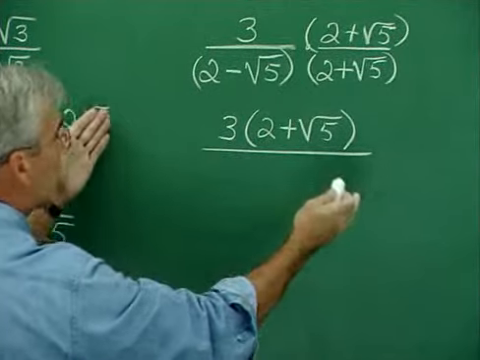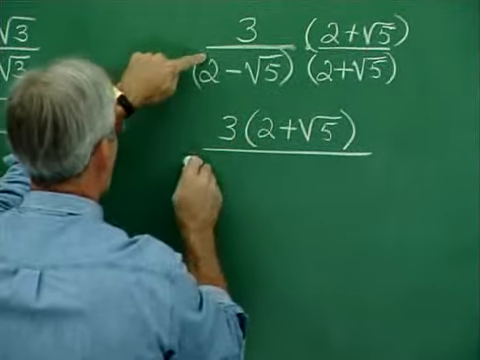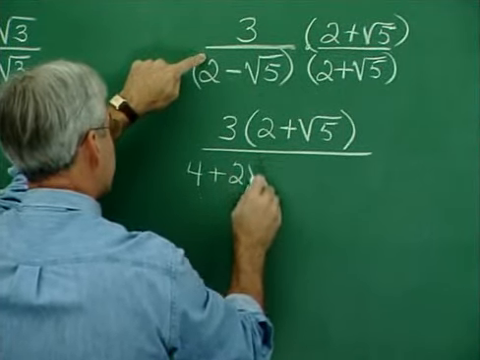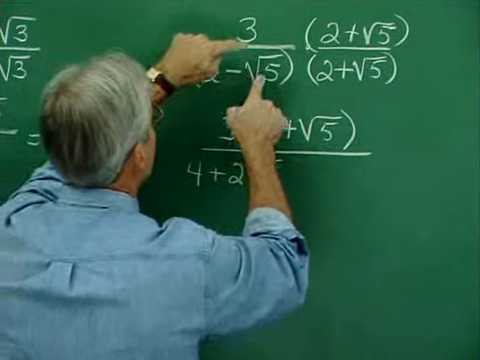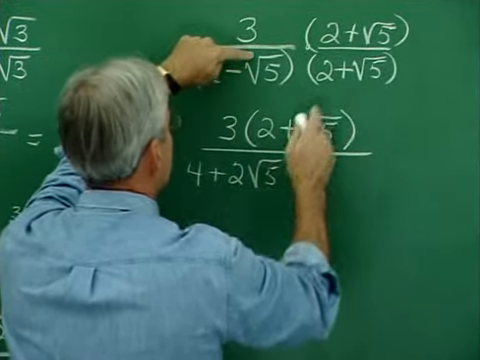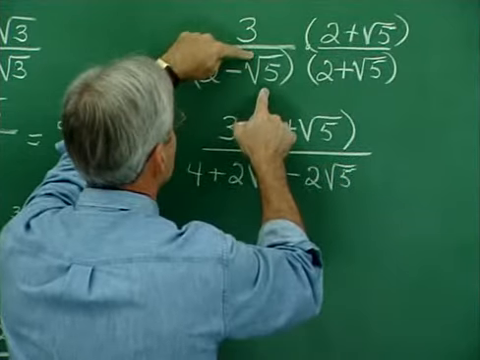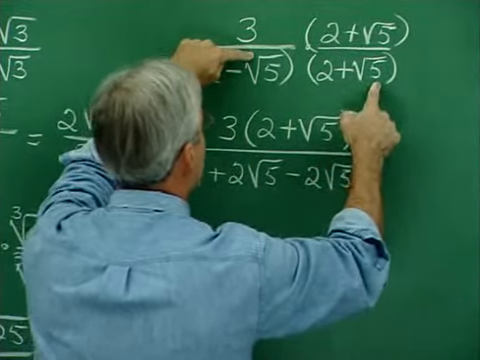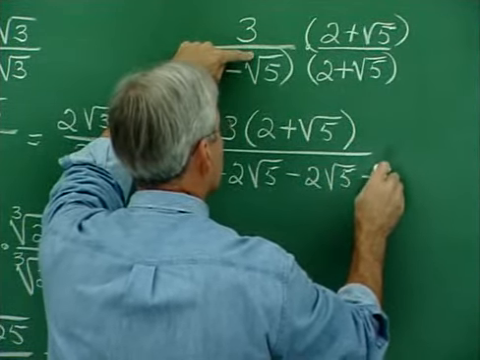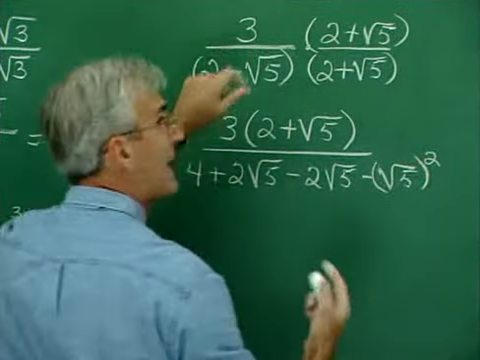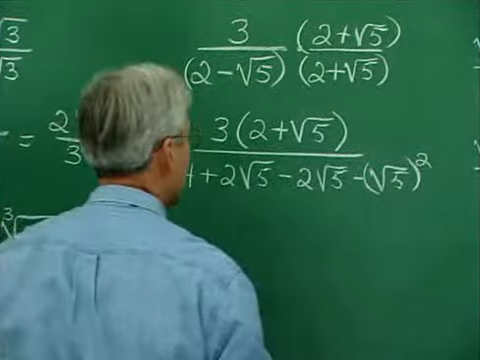Now, using the FOIL method, 2 times 2, 4. 2 times root 5 is 2 root 5. Then minus root 5 times 2 is minus 2 root 5. And minus root 5 times root 5 is minus root 5 squared, or minus root 25, if you'd like to think of it like that.